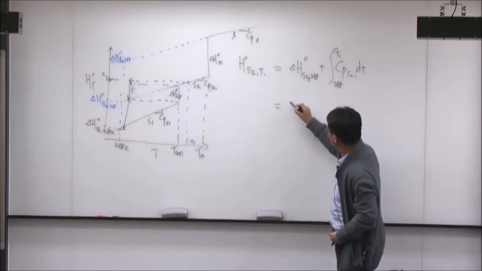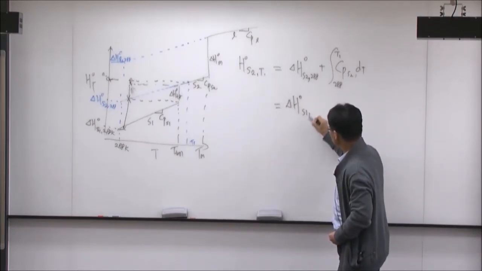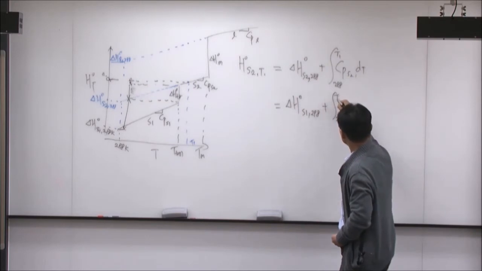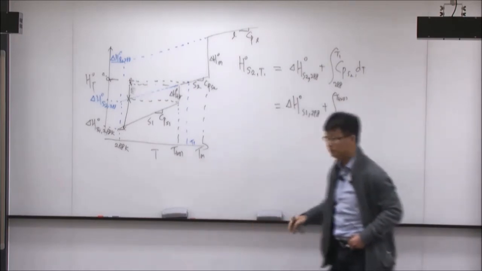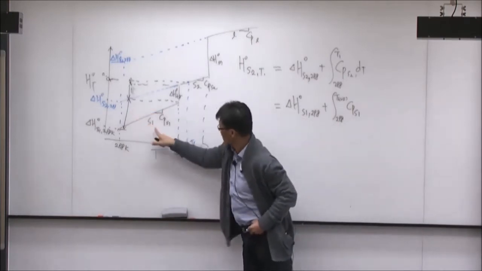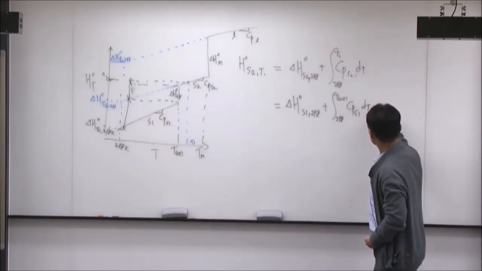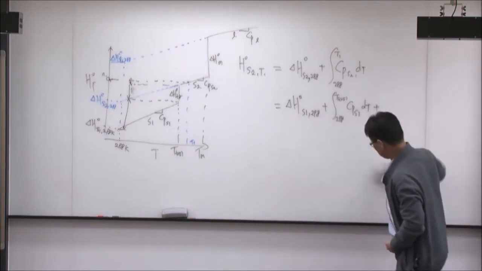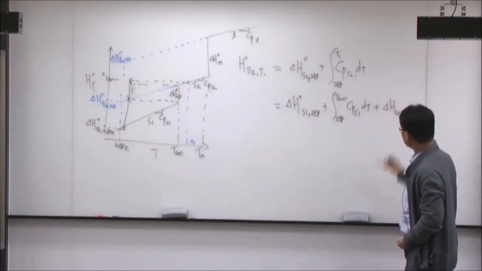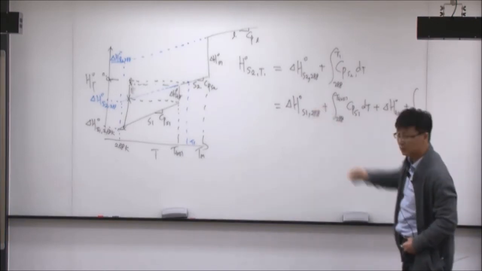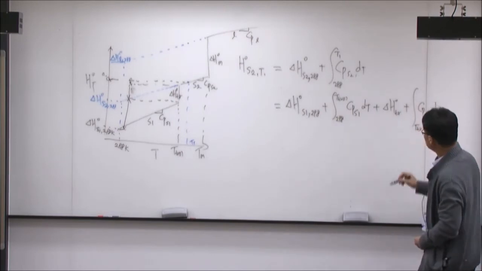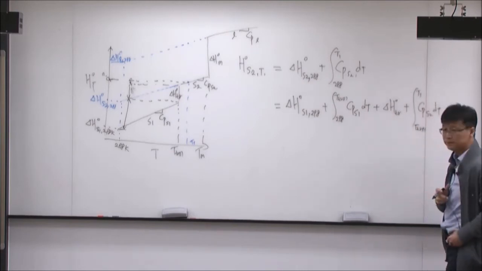Then if I express this one, it will be delta H naught S1 at 298 Kelvin plus integral from 298 Kelvin to the T transformation 1 here, Cp, in this case S1, we are just doing this part, Cp of S1 dT, plus this difference, delta H of transformation, plus the last part, Cp of S2 dT from transition temperature 1 to the final temperature T1.